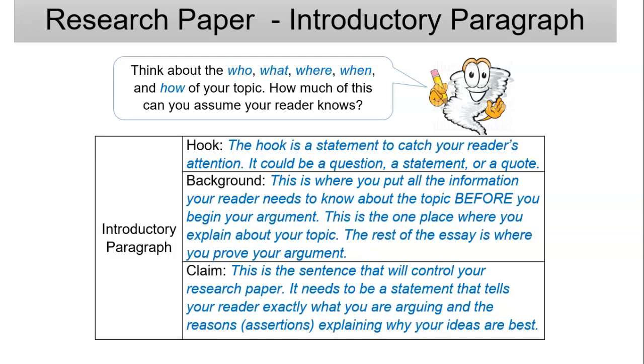you're writing. So the first thing we have in any essay or piece of writing is our introduction or our introductory paragraph. And for your introduction, you want to think about the who, the what, the when, the where, the how of your topic. And then how much of this information can you assume that your reader knows? Then a good introduction will have a hook, some background information, and then, of course, your claim.